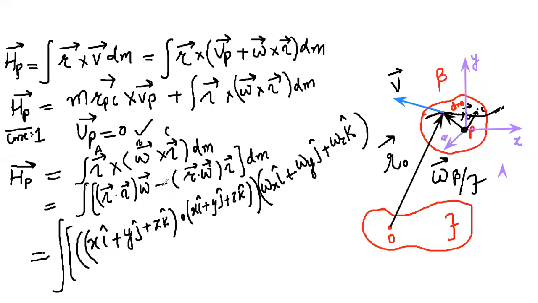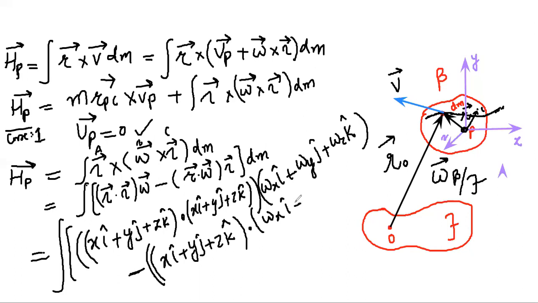Then we have the minus. I will write this minus here. Then we have R dot omega, that is xi plus yj plus zk cap, dot product with omega, that is omega x i cap plus omega y j cap plus omega z k cap.